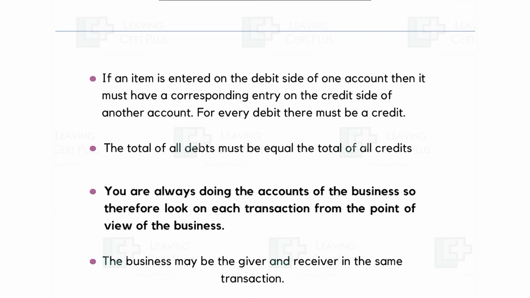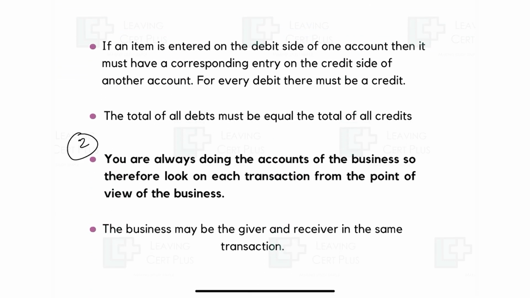The second one is, please remember, you are the business. You're not anybody else. You're not the owner. The owner is different than the business. You're always doing the accounts of the business. So you look at every transaction from the point of view of the business, not from anybody else.